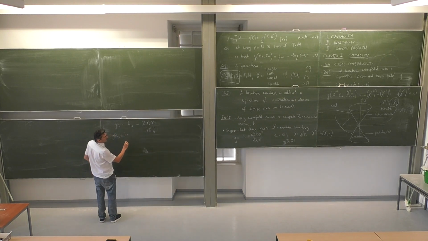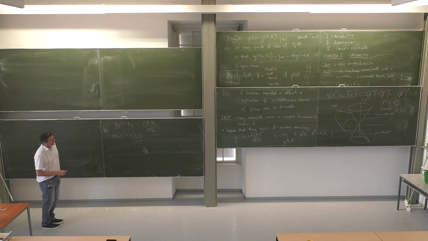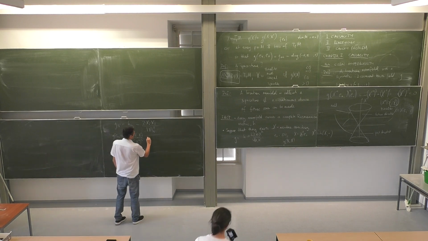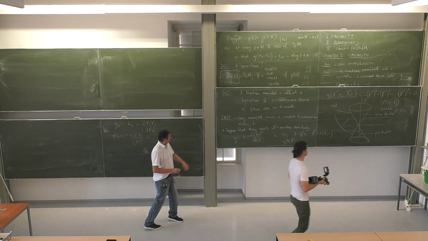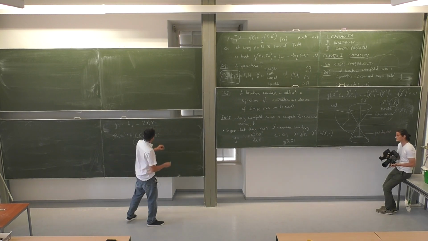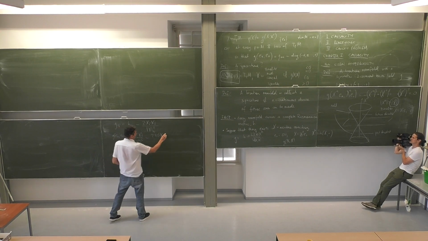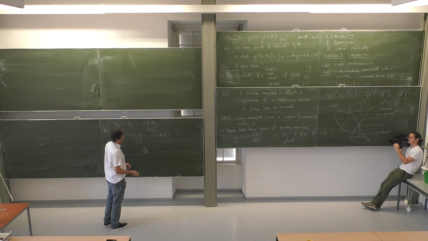So I'm going to get H of X, X divided by X0 squared, and this will be minus 2 H of X with the argument which is X twice.